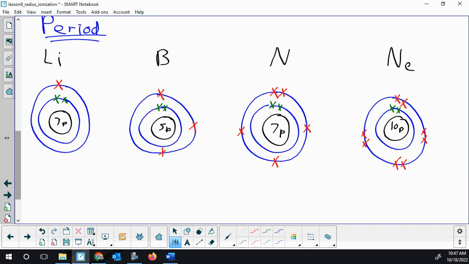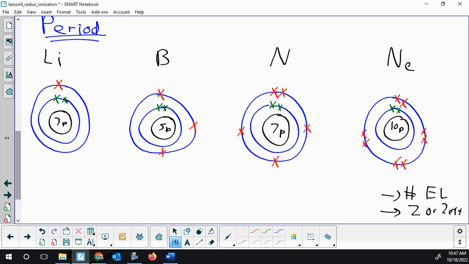So the 2 concepts for answering any of the atom or ion size questions: one of them is going to be the number of energy levels, and the other one is going to be Z, or Z effective. Okay, and they're the same. What's pulling the outermost electron in?